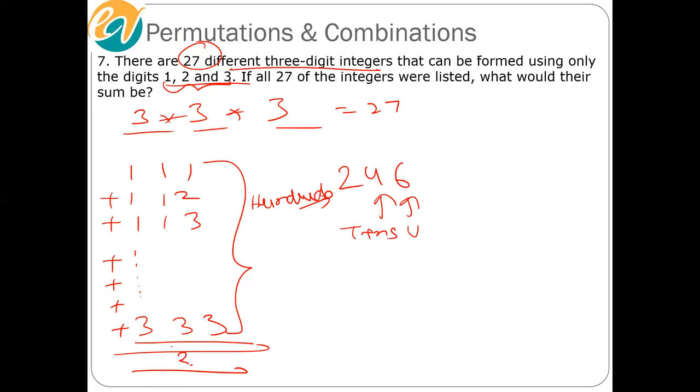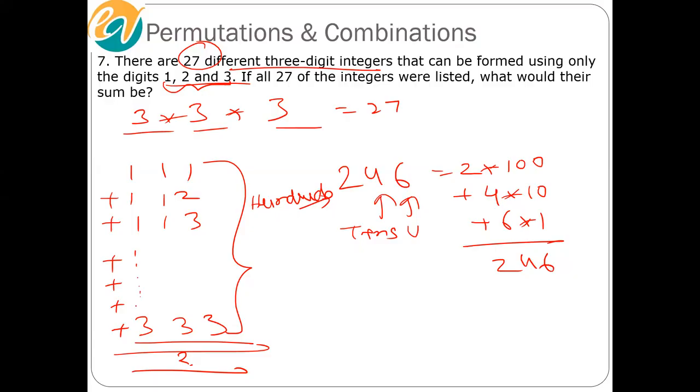What does it mean that 2 is in the hundreds position? 2 is contributing a total of 2 into 100. How much is 4 contributing? 4 into 10. And how much is 6 contributing? 6 into 1. So that gives us 246. Are we clear with this?